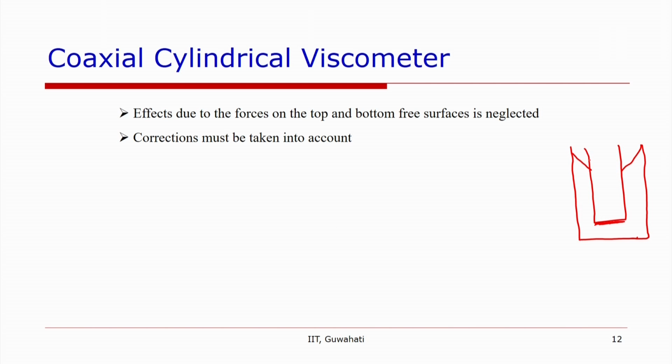So the surface area covered by the outer and inner cylinders will be different. So we might need to consider that the relationship might be valid somewhere in between. Such corrections need to be taken into account when using coaxial cylindrical viscometers.